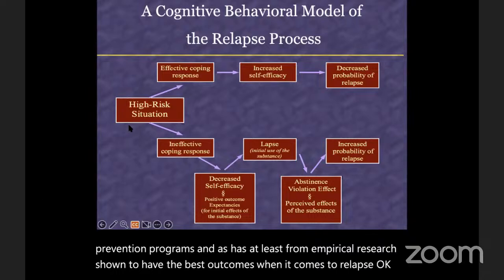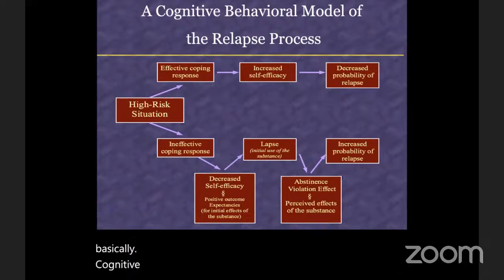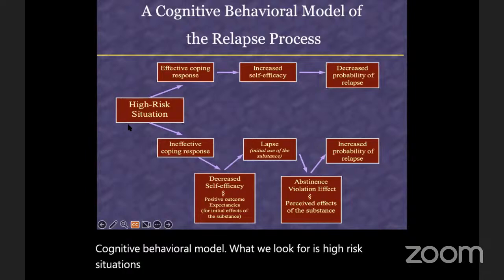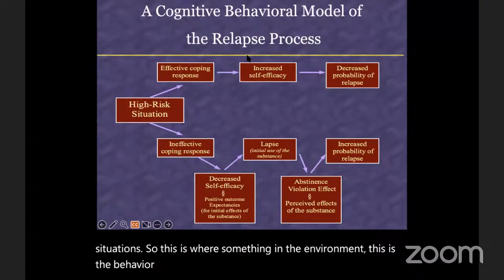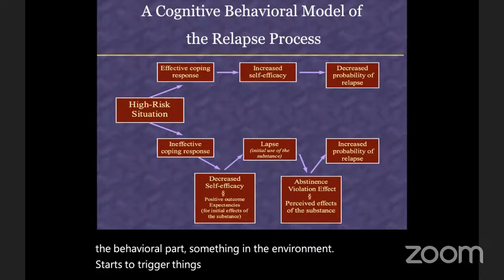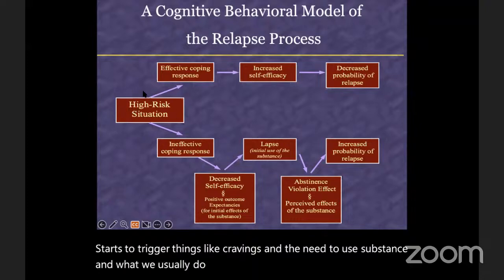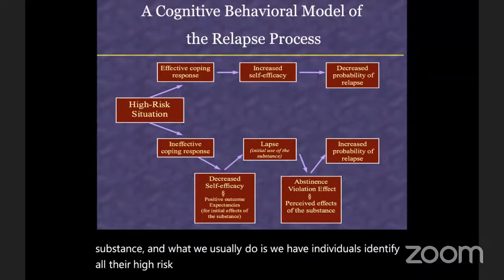And basically in the cognitive behavioral model, what we look for is high risk situations. So this is where something in the environment, this is the behavioral part, something in the environment starts to trigger things like cravings and the need to use substance. And what we usually do is we have individuals identify all their high risk situations.